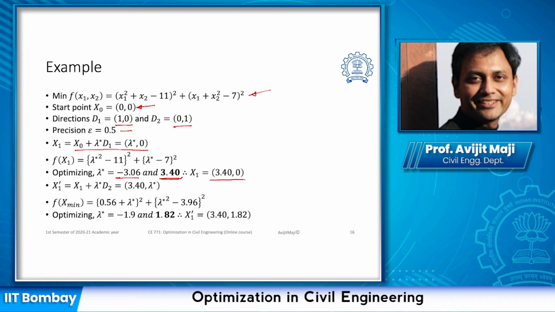From this particular point, we again go for the second direction, which is D2, and once we try to find the point by optimizing the lambda value in that direction, we again get two lambda values, negative 1.9 and 1.82.